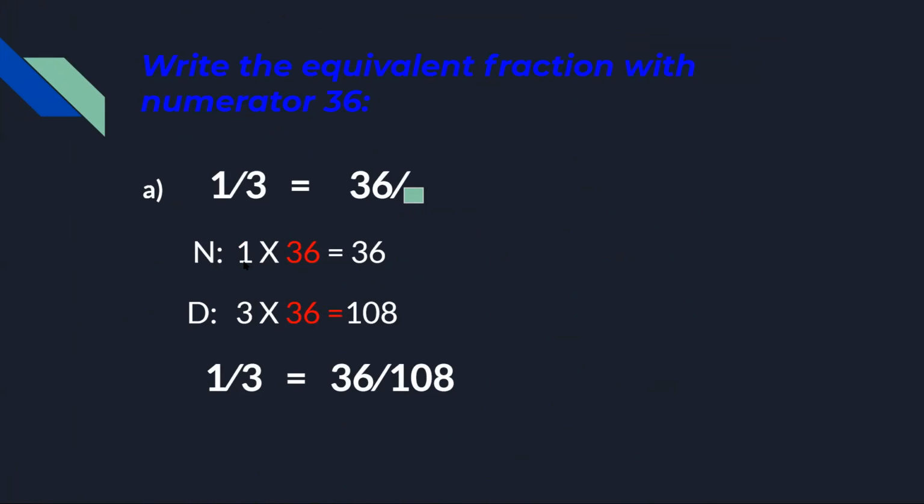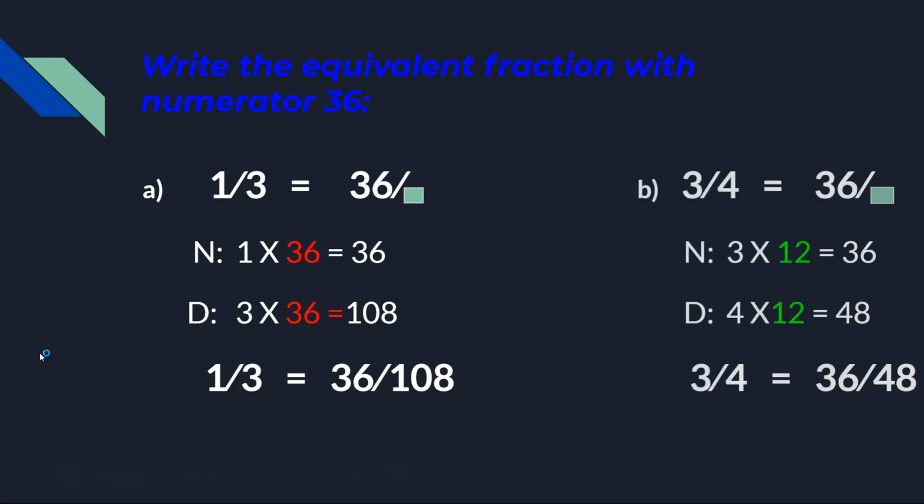So how does this 1 become 36 in the case of the numerator? 1 into 36 equals 36. So the same number is multiplied. I have shown it with this red. The denominator is 3 into 36 equals 108. So the answer is 1 upon 3 equivalent to 36 upon 108.